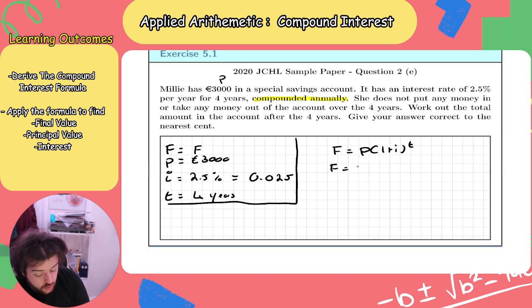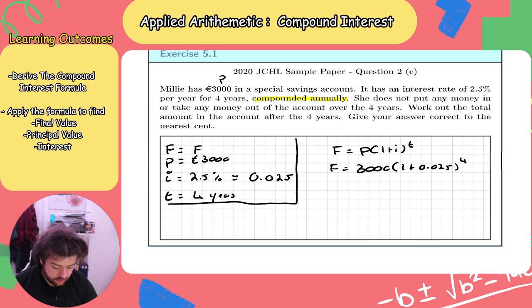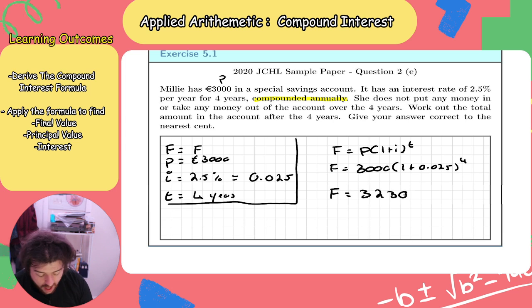F is equal to 3,000 times 1 plus 0.025 all to the power of 4. You put that in your calculator, you'll get F is equal to €3,230 and 67 cents rounded.